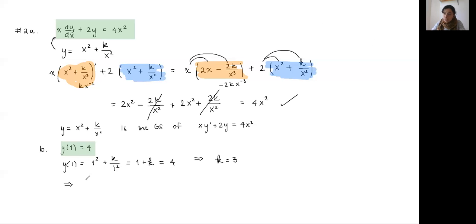So y, which is x squared plus 3 over x squared, because k is equal to 3, is the particular solution of this initial value problem.